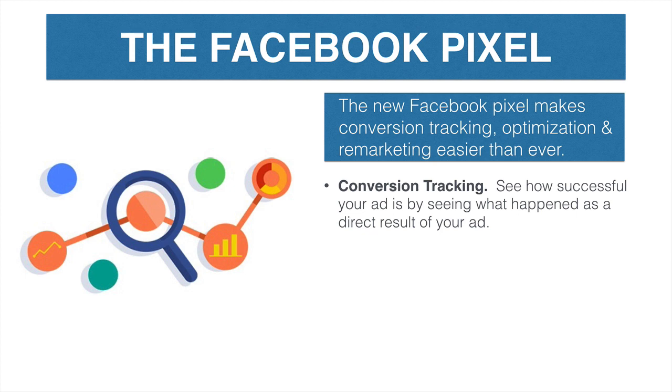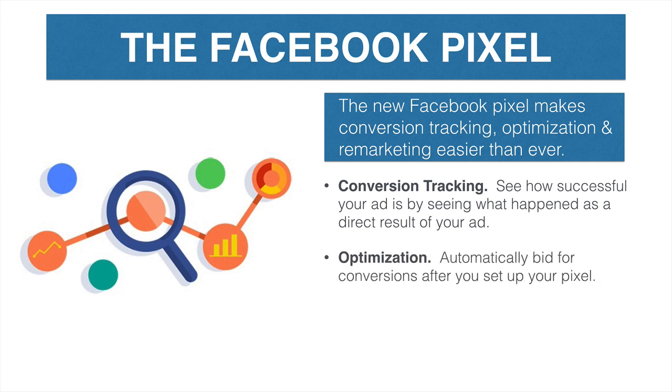All right, so the first thing it does, and the most important thing it does, is give us eyes, right? It gives us vision so we can see exactly what ads are converting for us and which ones are not. The second thing it does is it learns, right? As you are running traffic to your website and to your ads, to your store, Facebook is watching what your customers do.